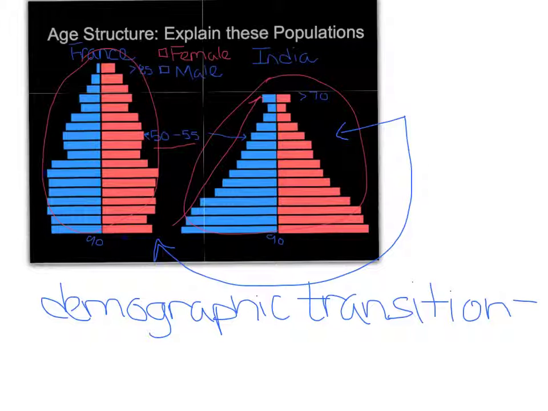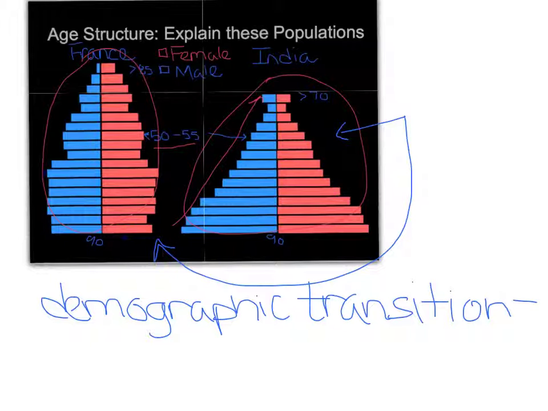So India right now has a high birth rate, possibly a high death rate, kind of hard to tell from here, but you have a large number of a younger population, versus France, which might not have as high of a birth rate and possibly not as high of a death rate.